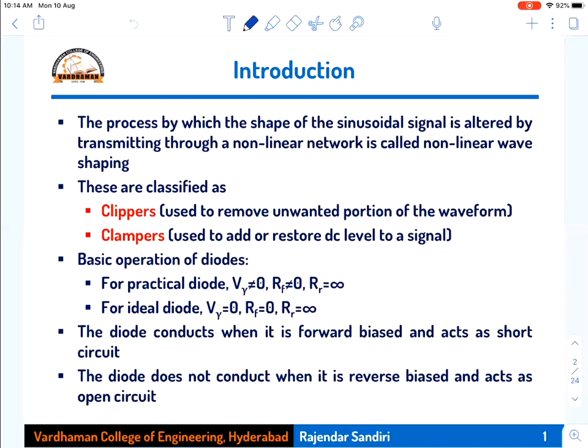If the anode voltage is less than cathode voltage, then the diode is said to be reverse biased. That means we have to check the amplitudes of the voltages at the anode terminal and cathode terminal of the diode, and see which is greater and which is lesser. Based on that, I can say the diode is forward biased or reverse biased.